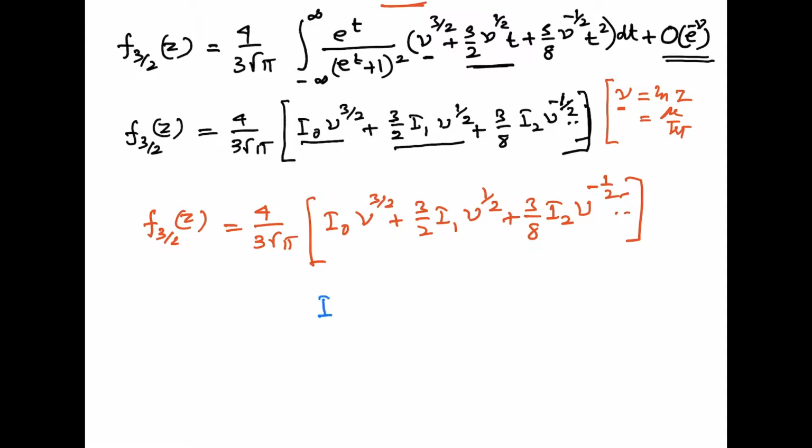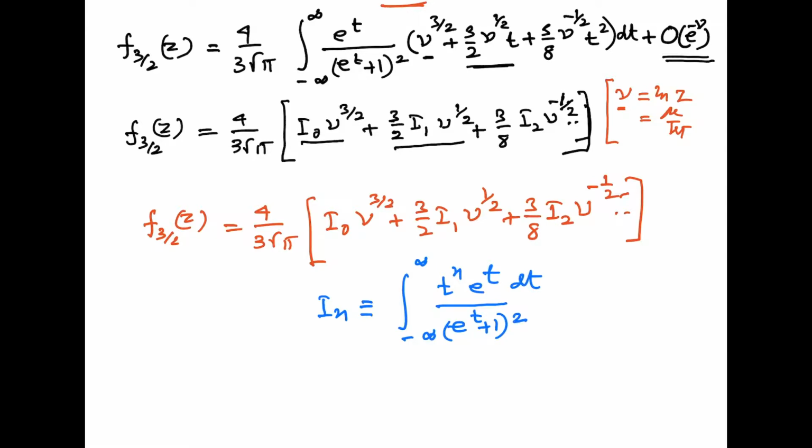Now n may be 0, 1, 2, 3 and so on. In is the integral from minus infinity to plus infinity of t to the power n e to the power t dt divided by e to the power t plus 1 whole square.